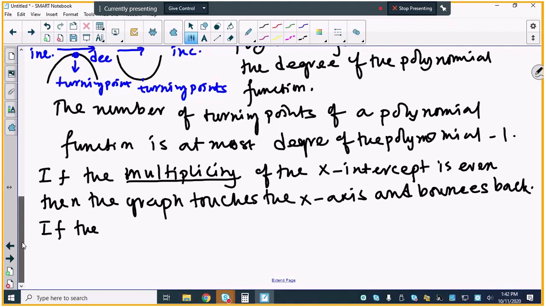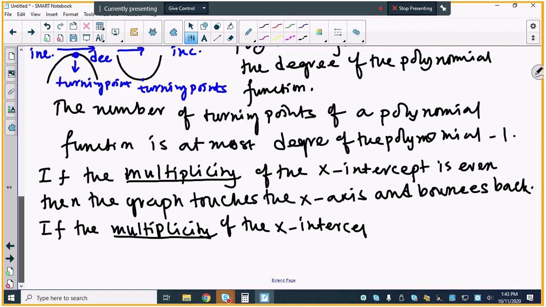It could be 1, 3, 5. So if the multiplicity of the x-intercept is odd, then the graph will definitely cross the x-axis.